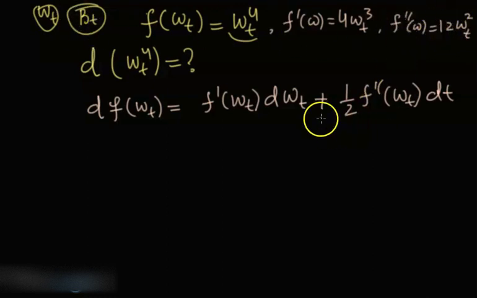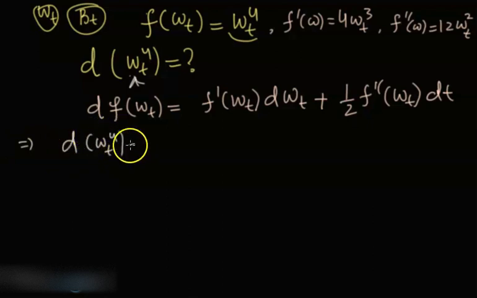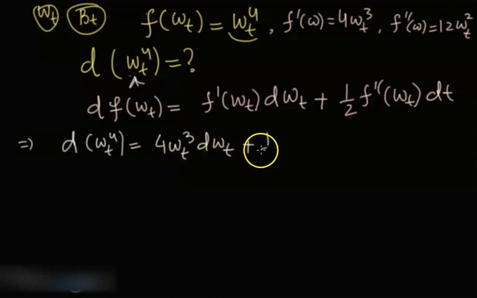So I have these values. I'll insert these values into this simplest version of Ito's Lemma, and then I'll be able to compute this differential. So this gives me the differential of W sub t to the power 4 is equal to 4 times W sub t cubed dW sub t plus 1/2 times its second derivative, which is 12 times W sub t squared dt.